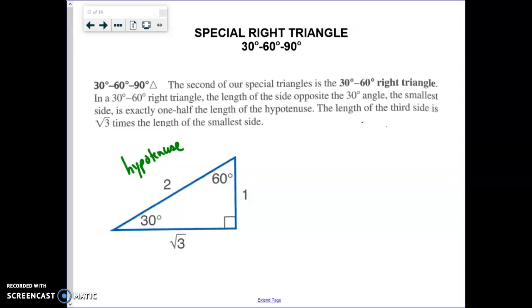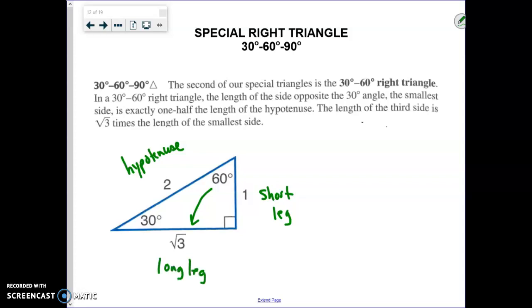There's a shorter leg and a longer leg. The short leg is always opposite the smaller of the two angles, so this right here is the short leg. The long leg is always opposite the larger of the two non-right angles, the 60-degree angle. So this is the long leg.